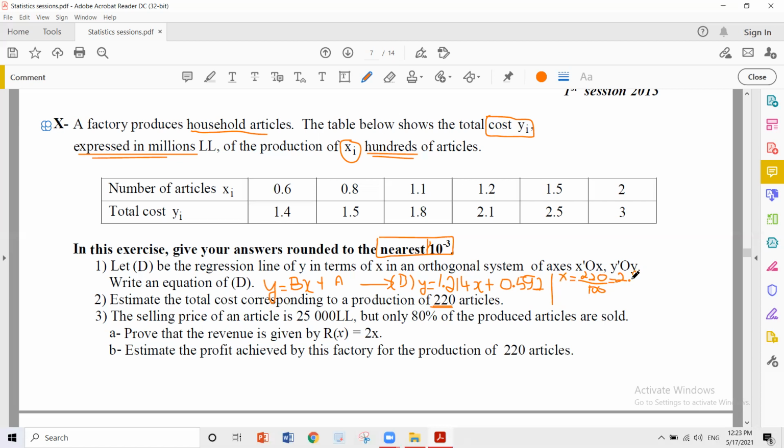Now we replace X by 2.2 in the equation of the line. Y here is the cost. Y equals 1.214 times 2.2 plus 0.592.